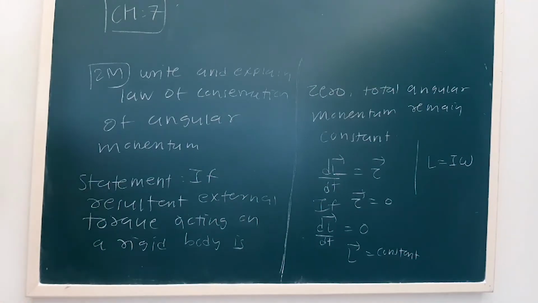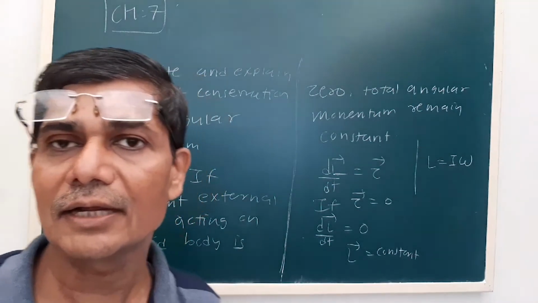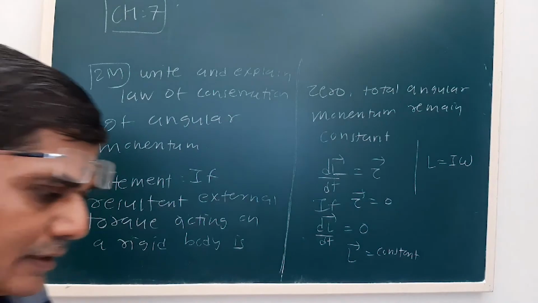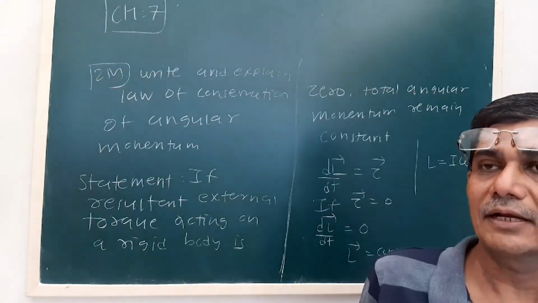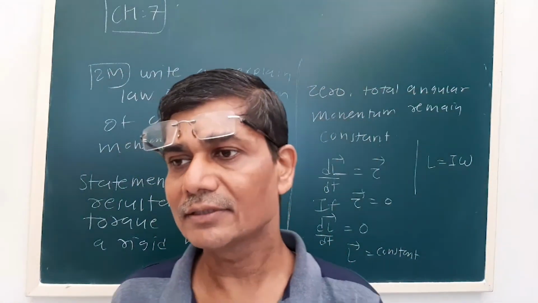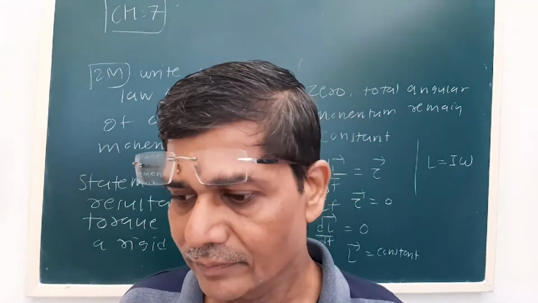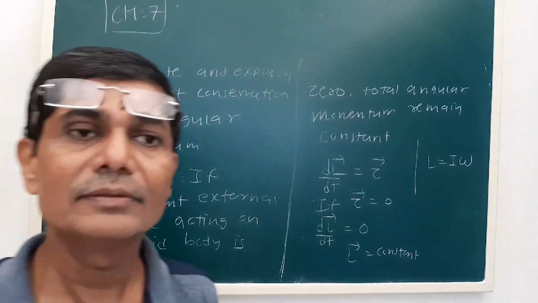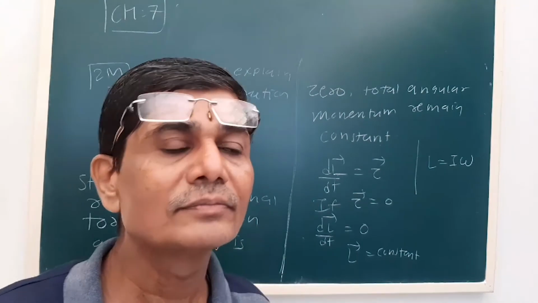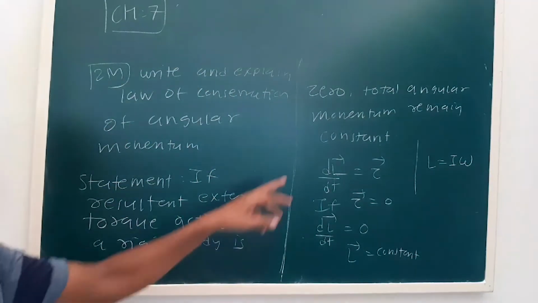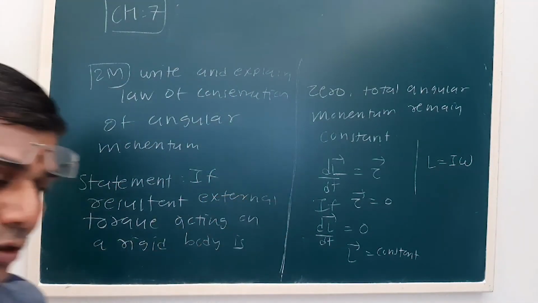See, in lesson number 8 we will study Kepler's second law. In that we will study about the areal velocity. The areal velocity remaining constant is also a consequence of law of conservation of angular momentum.